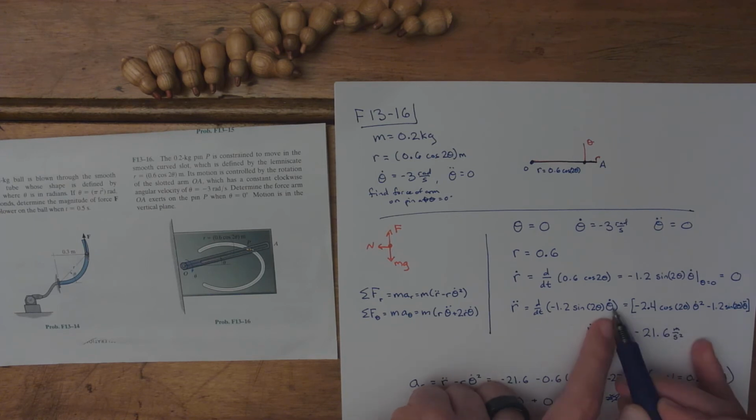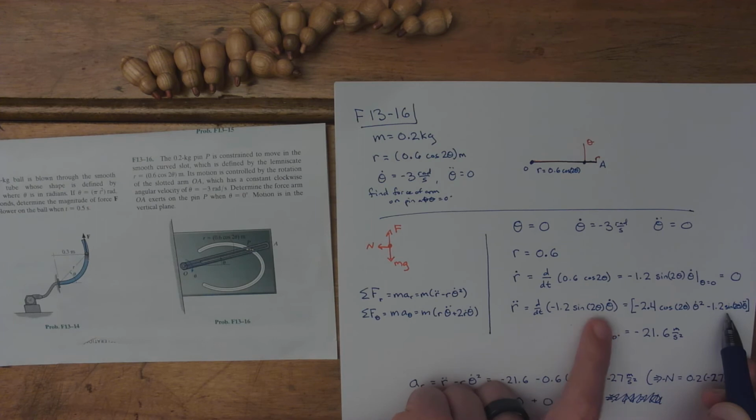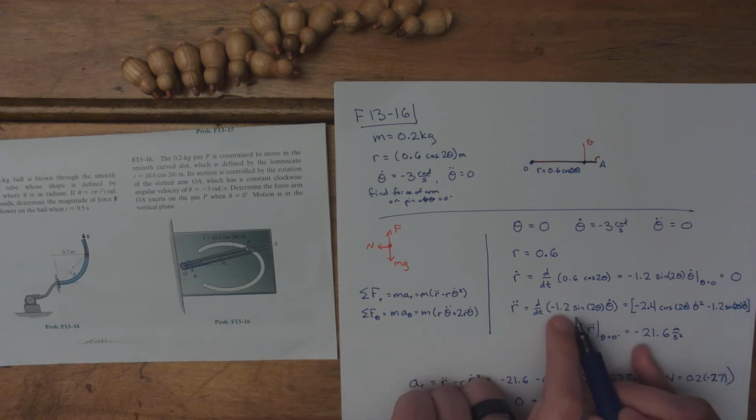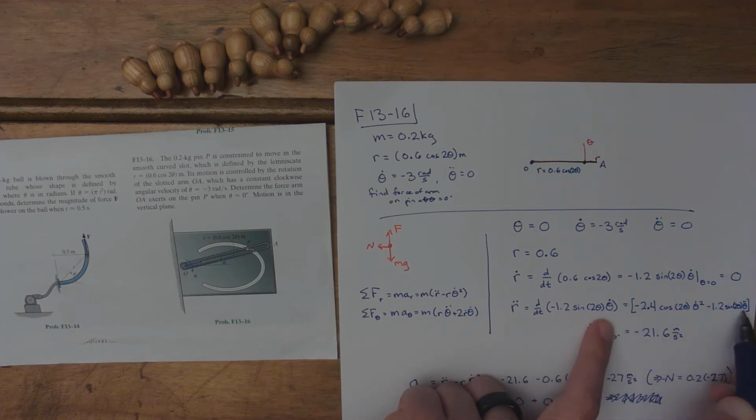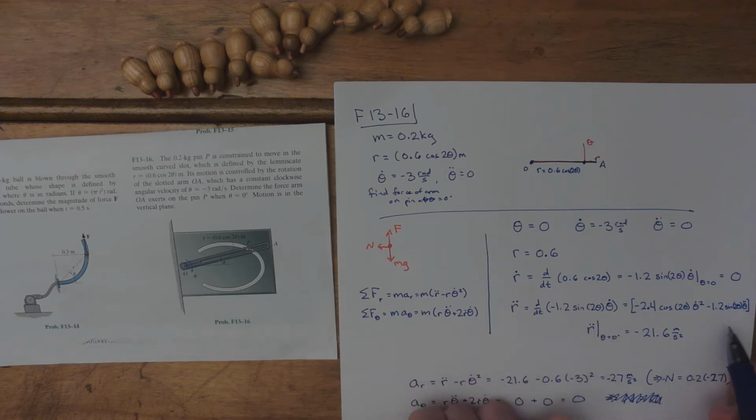And then I had a theta dot here and another theta dot from the chain rule, so that's theta dot squared. And then I have -1.2 times sine of 2 theta times the derivative of theta dot with respect to t, which is -1.2 times sine of 2 theta times theta double dot. Evaluated when the angle is equal to 0 degrees, that gives me -21.6.